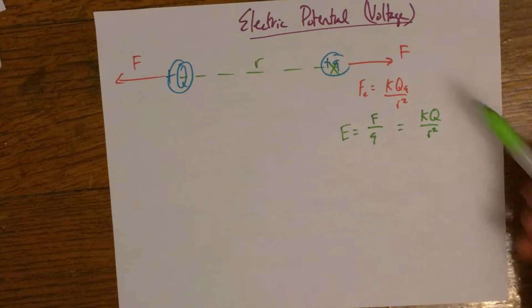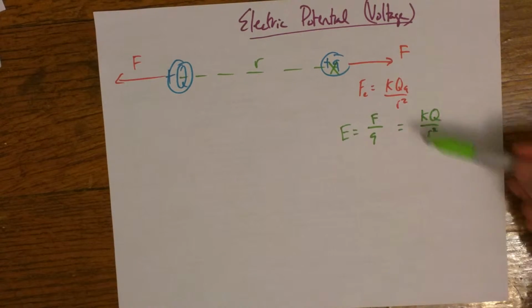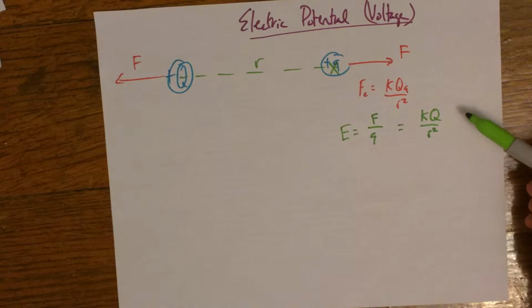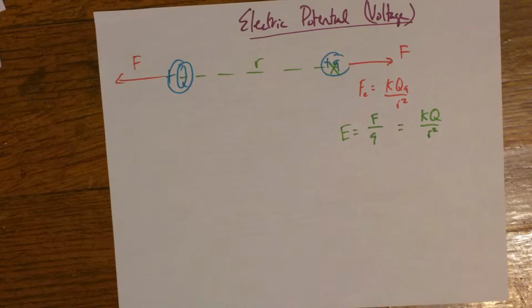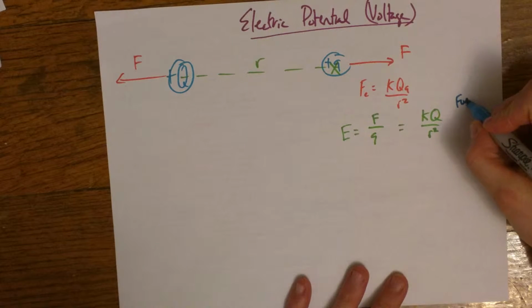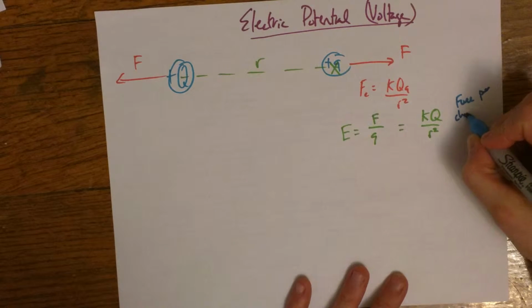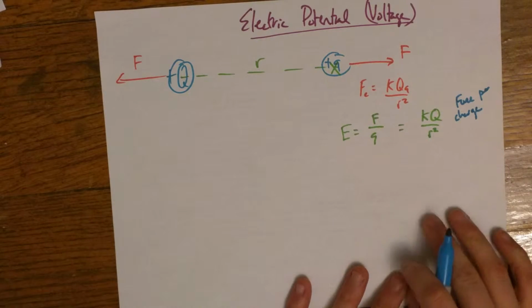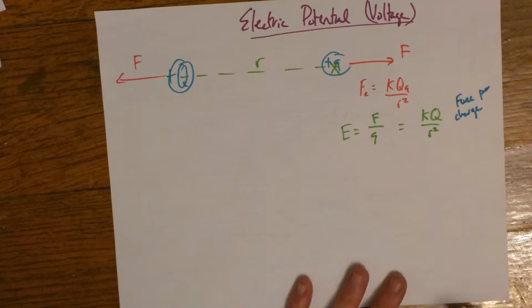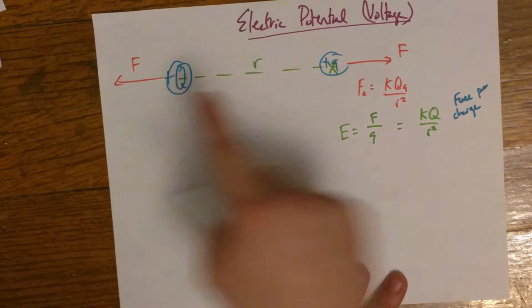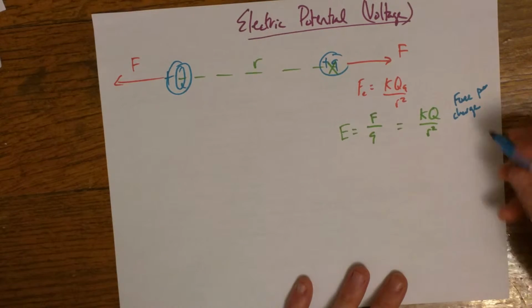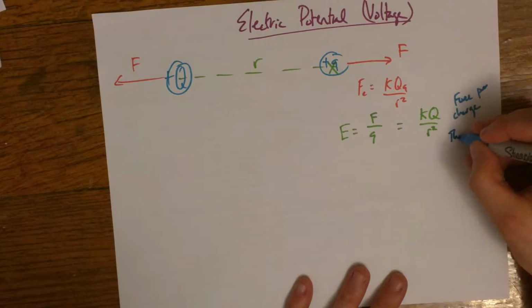So that space has an electric field equal to this value. Let me just define this again. This is the force per charge, and it describes the effect from positive Q. Something happens here because of capital Q.